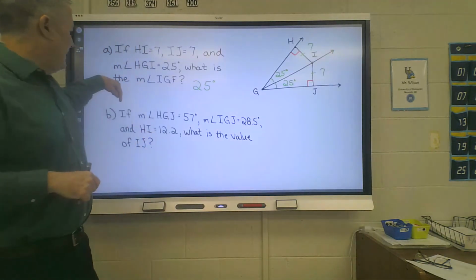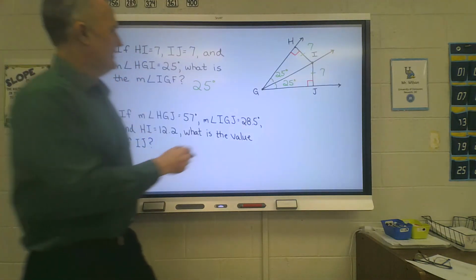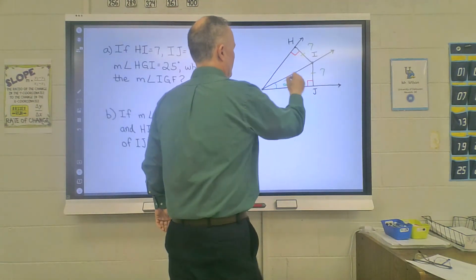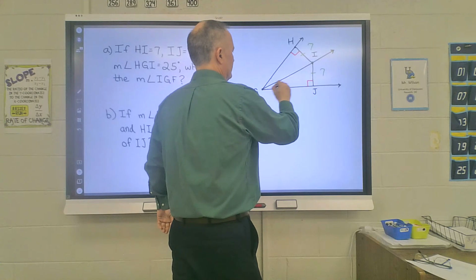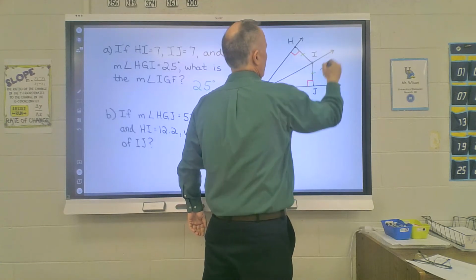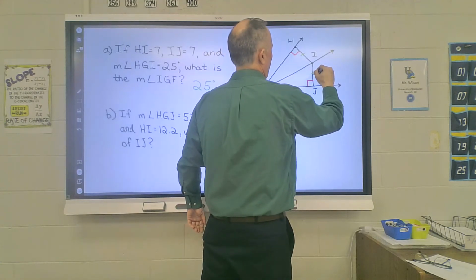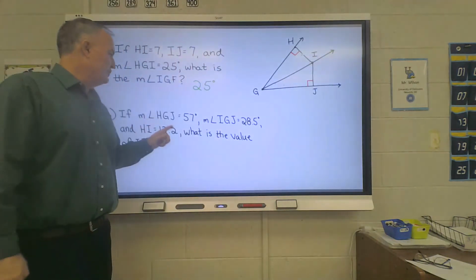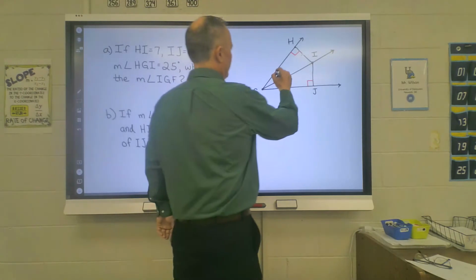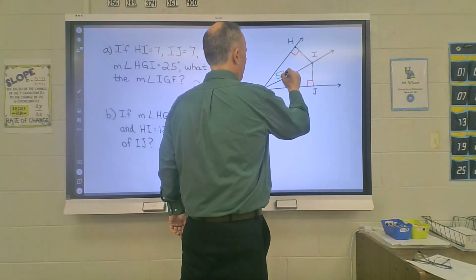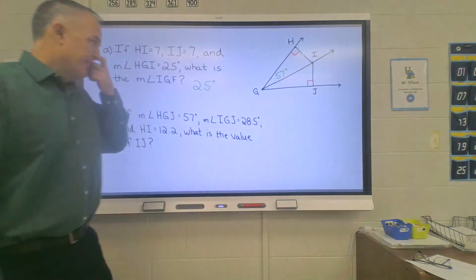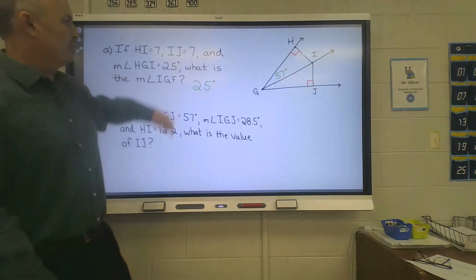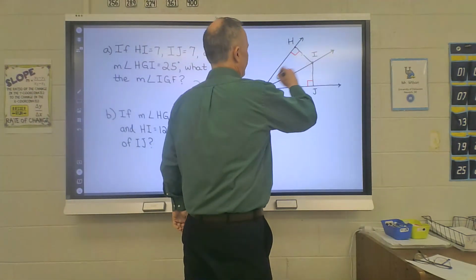All right, next question. Let's clear out this information, so we have to relabel it. It says, if the measure of HGI is 57 degrees, and the measure of HGJ is 57.